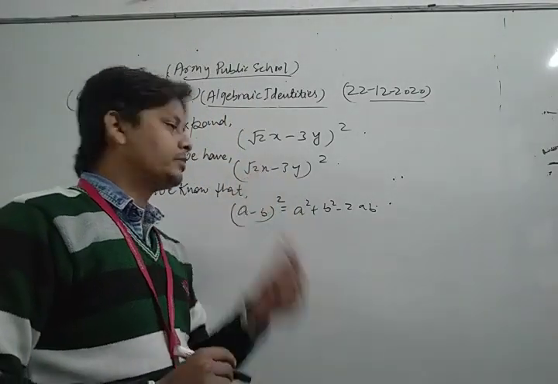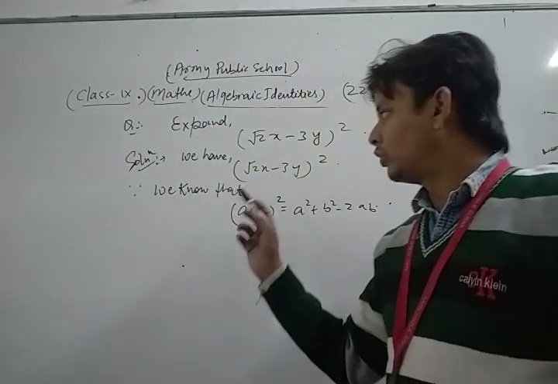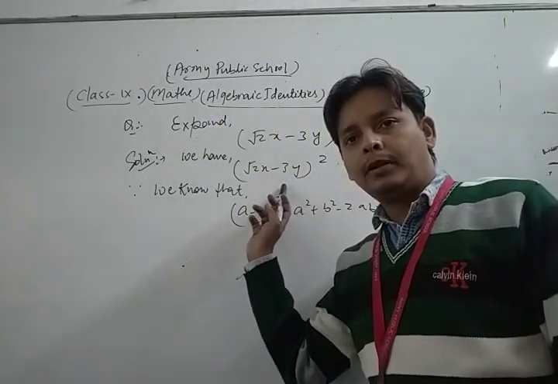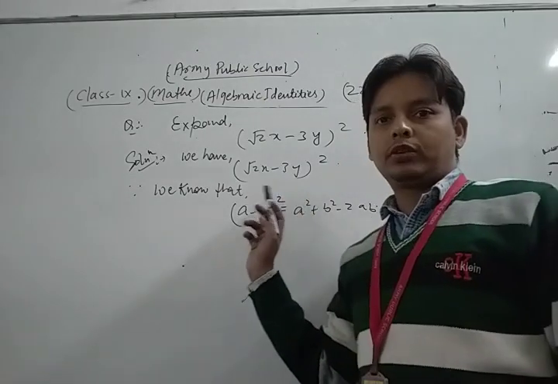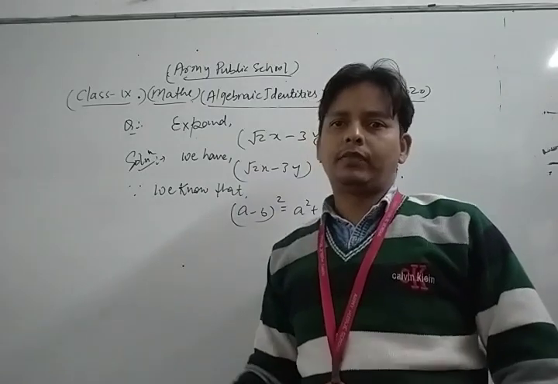Here the value of a is under root 2x, and the value of b is 3y. Now we express them based on that identity and simplify them.